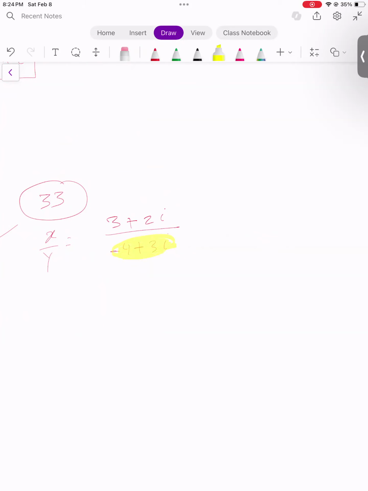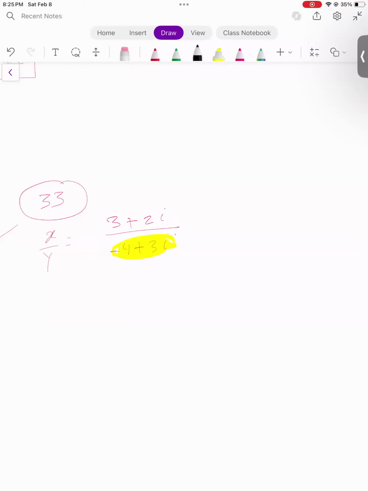We want a real number. Dividing by a complex number means getting rid of the complex number from the denominator. The only way to do that is multiplying that complex number by its conjugate. Every time you multiply a complex number by its conjugate, we always end up getting a real number.